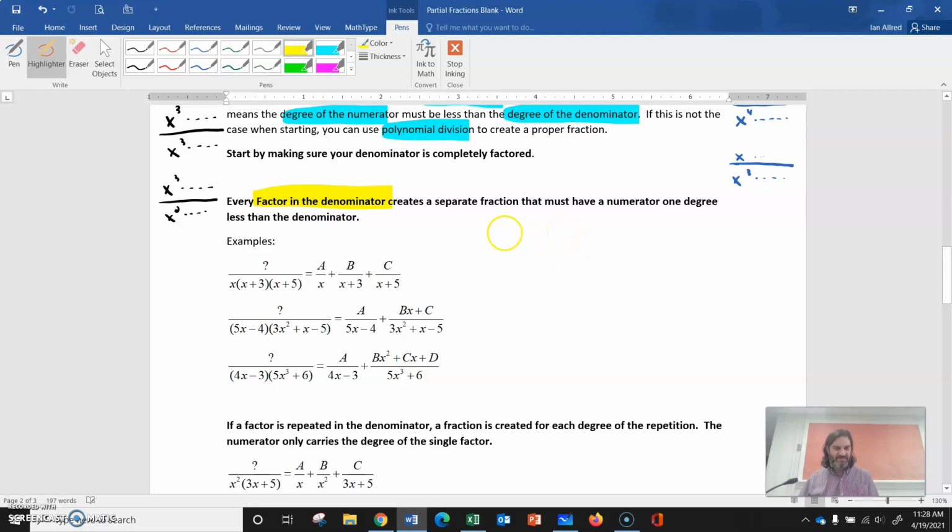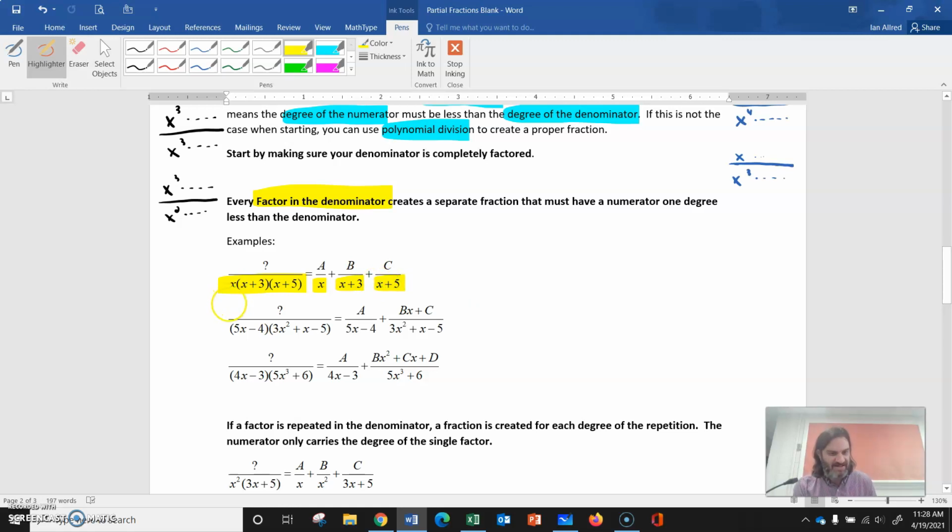So I've got some examples here, and I'm not going to worry about what the numerator is. We're going to assume it's a proper fraction. But this denominator is factored into x times x plus 3 times x plus 5. So when you have your denominator factored, as long as every factor is completely different, there's no repetition, you're going to create a fraction with a denominator for every single factor.